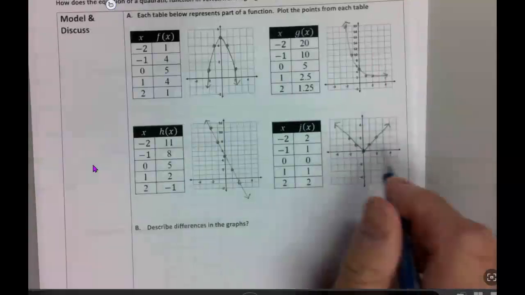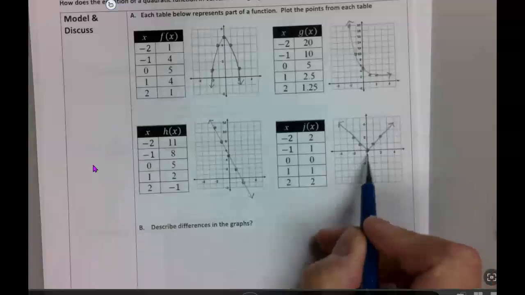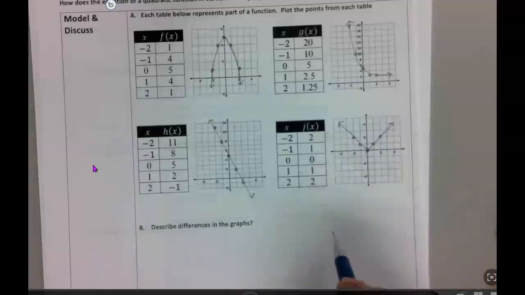You may know what that is a graph of. Well, we just did a bunch of absolute value equations, didn't we? That's an absolute value equation. Anytime I get a V-shaped graph, that's an absolute value. Okay?